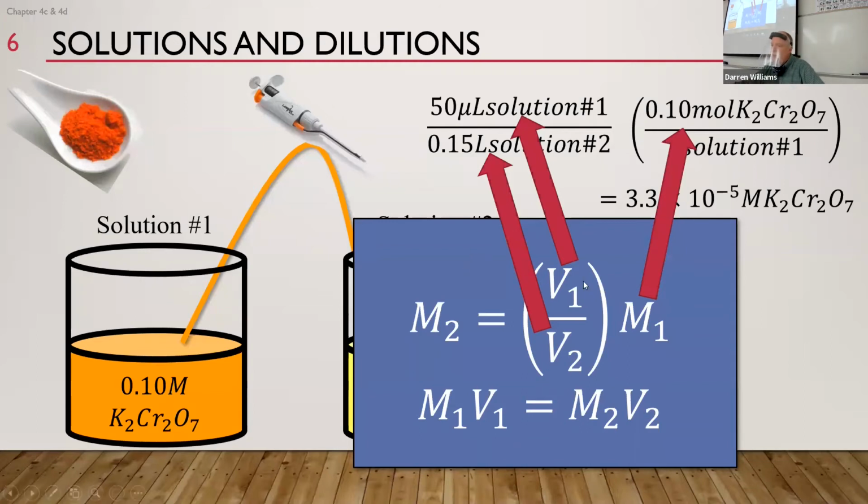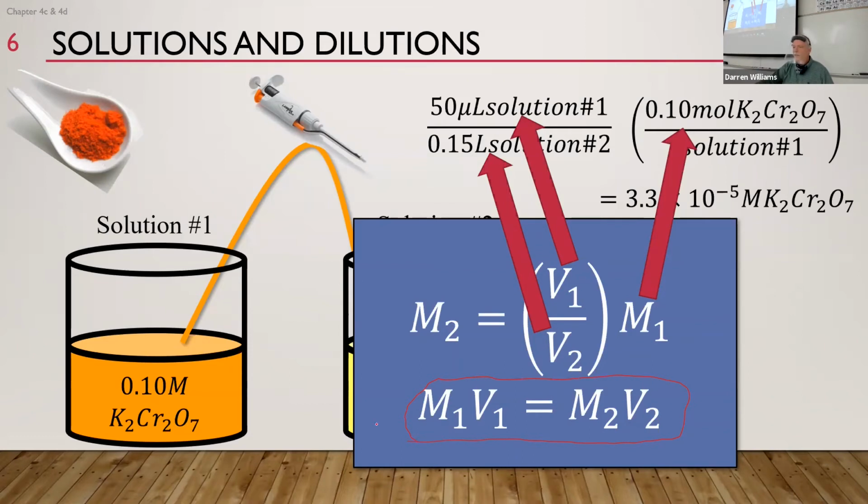Okay, so this equation, if we rearrange it, we end up with this equation here, which is common. You'll see this in the book. You'll see this if you've had this in high school, you probably remember the dilution equation is this, M1V1 equals M2V2.